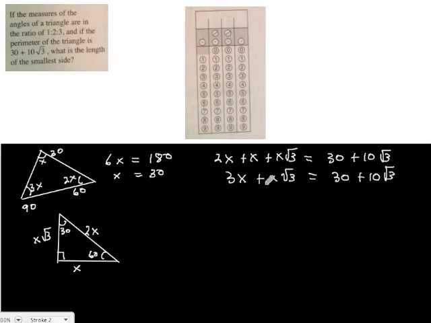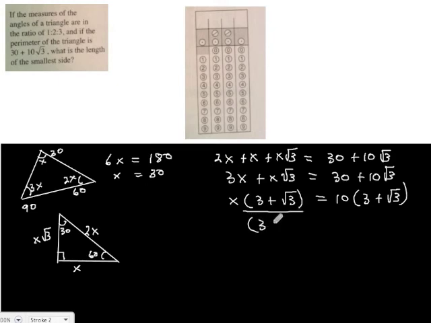If you factor the x out, you'll get 3 plus root 3. Try and factor 10 out here, and you'll see that you get 3 plus root 3 on this side as well. Let's solve for x.